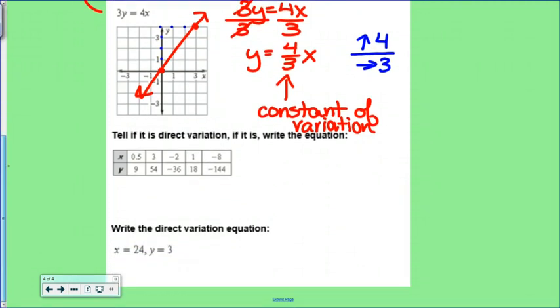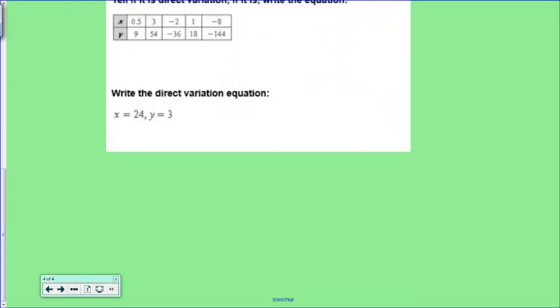Next, we're going to look at a table to tell whether or not a table is direct variation. To do that, we are going to divide y by x. Now this only works on direct variation.